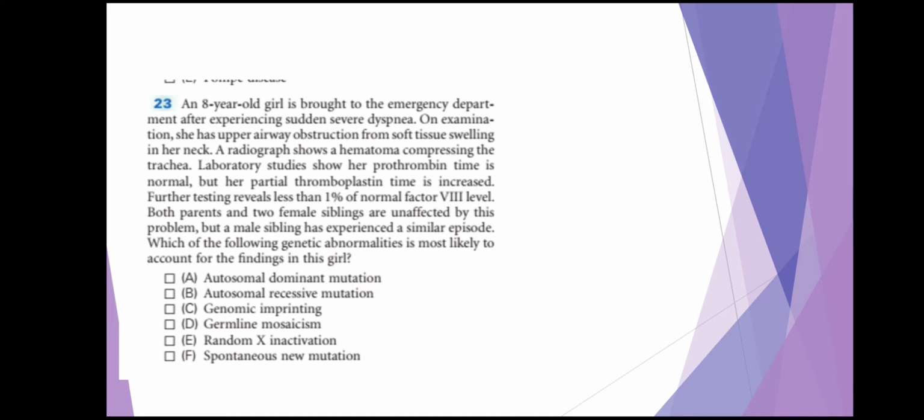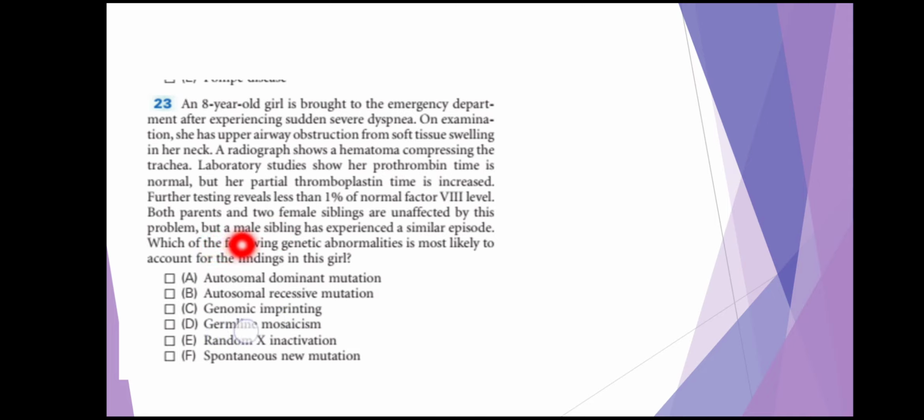So generally a female will get the disease if she is getting a mutated gene from both the parents, or the mother is a carrier and she has got lionization of the normal X chromosome. So in this case, both the parents are not manifesting the disease, clinically they are normal.